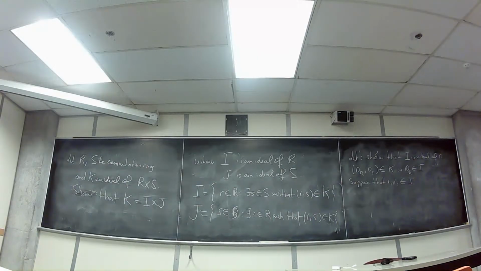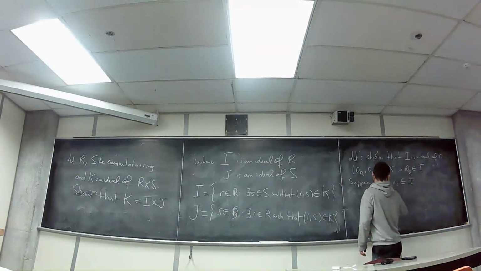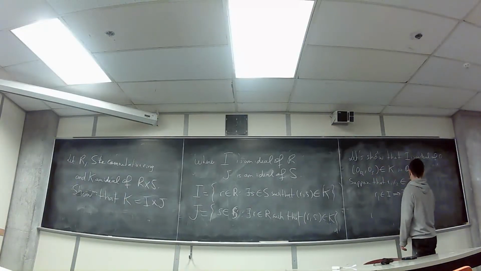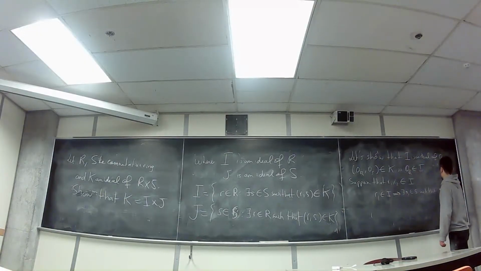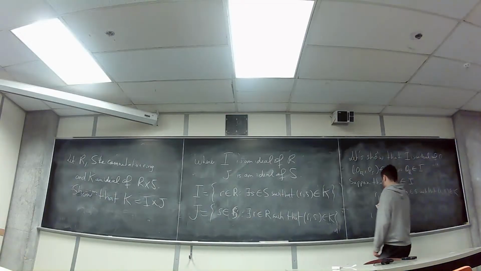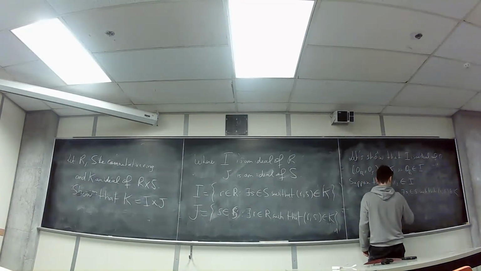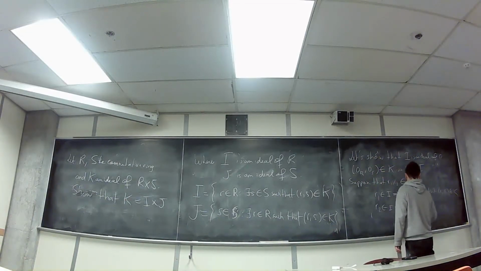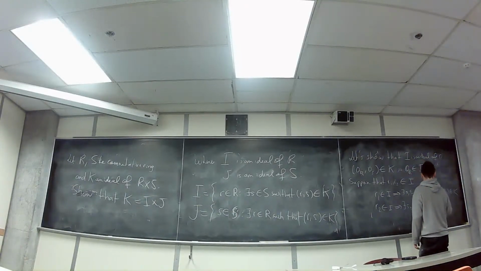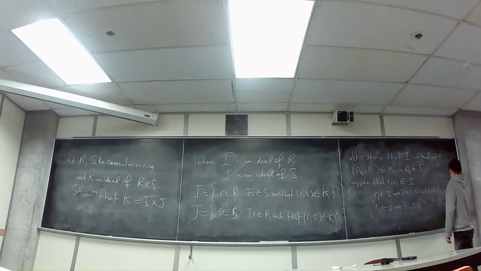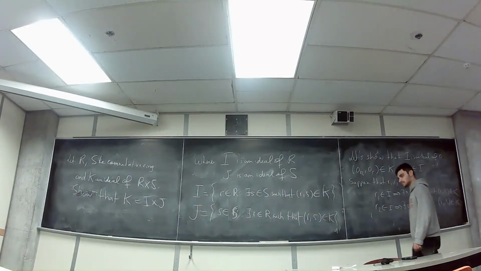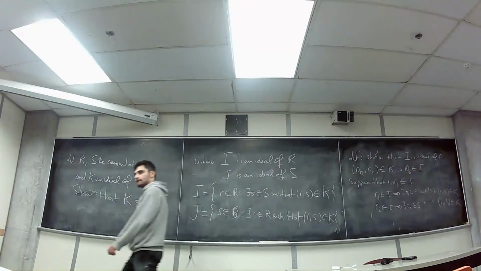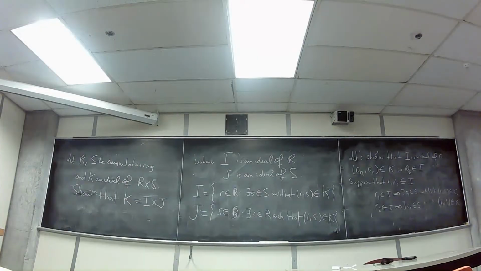Agree or not? Now, r1 belongs to I. What does it imply? It implies that there exists s1 in S such that (r1, s1) belongs to K. r2 belongs to I implies there exists s2 in S such that (r2, s2) belongs to K. Agree or not?